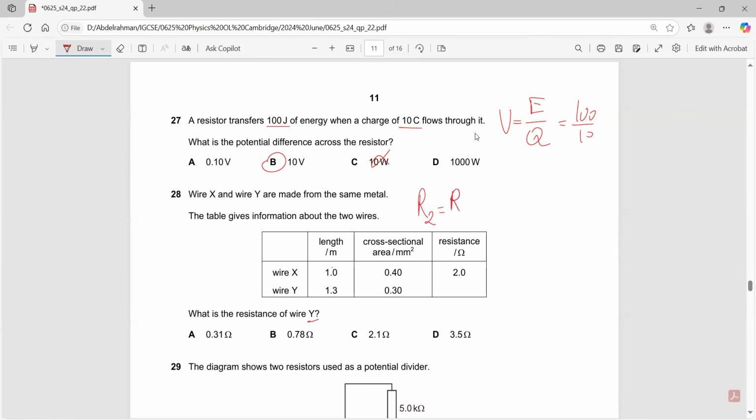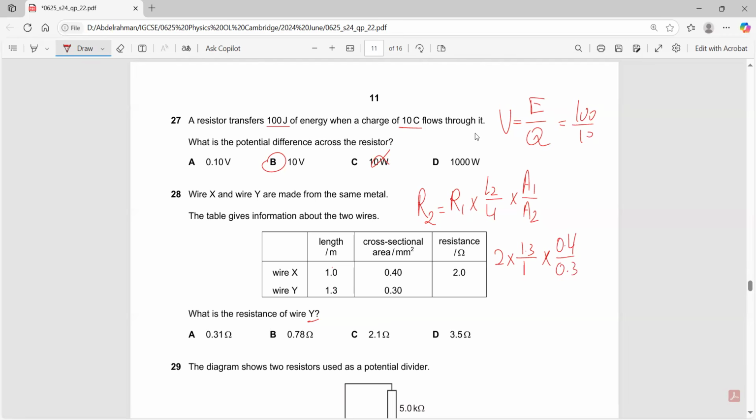R2 would be equal to R1 times the new length over the old length, which is L2 over L1, times A1 over A2. Basically, we say 2 times 1.3 over 1 times 0.4 over 0.3.